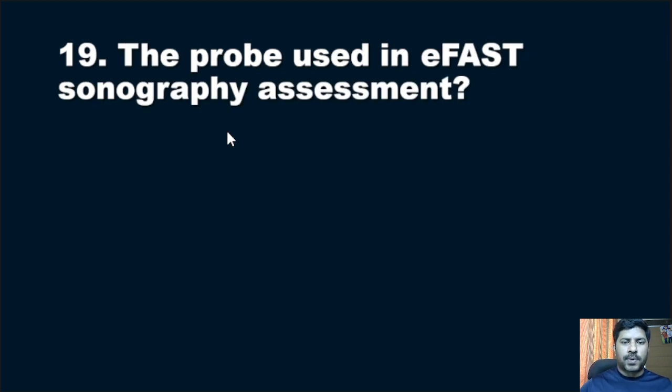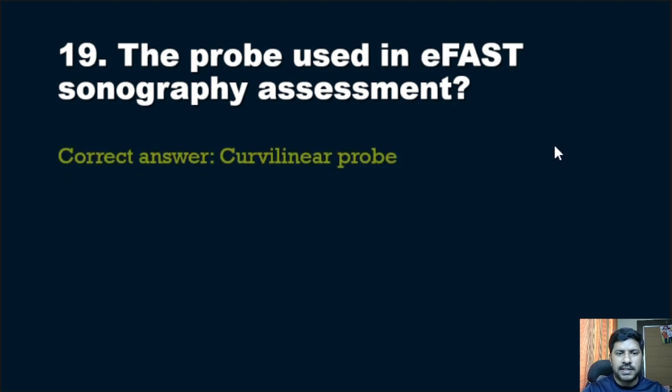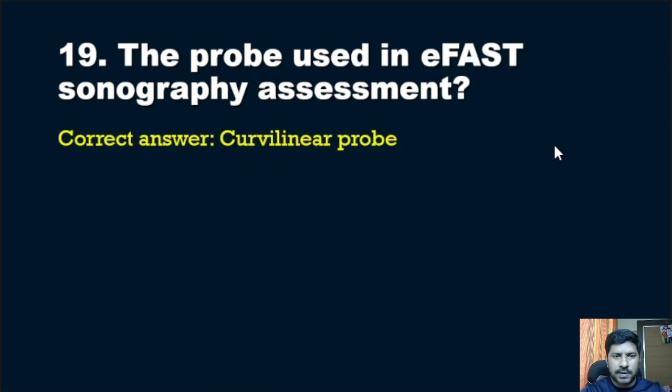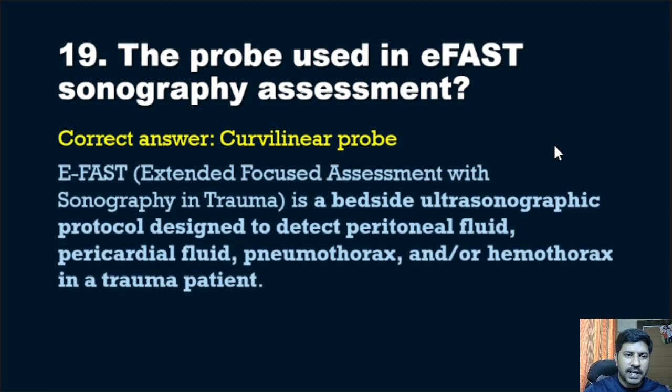Next question. The probe used in E-fast sonography assessment is the curvilinear probe. E-fast, extended focused assessment with sonography in trauma, is a bedside ultrasonographic protocol designed to detect peritoneal fluid, pericardial fluid, pneumothorax and or hemothorax in trauma patients.